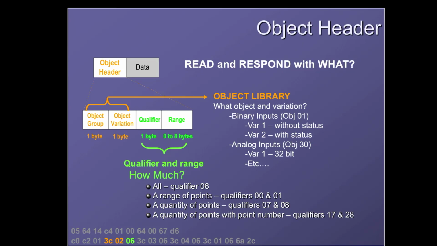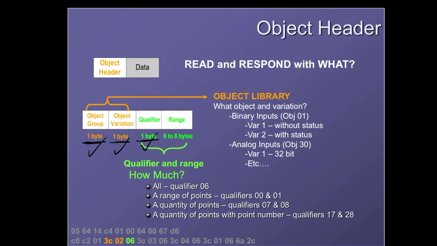If you look at an object header, there's no doubt we only use 1 byte to represent the object group. Okay, so that's for every object header. We only use 1 byte to indicate the object variation. Both of those can be looked up in your object library. That's the same for every object header. We have a 1 byte qualifier. That's the same for every object header.